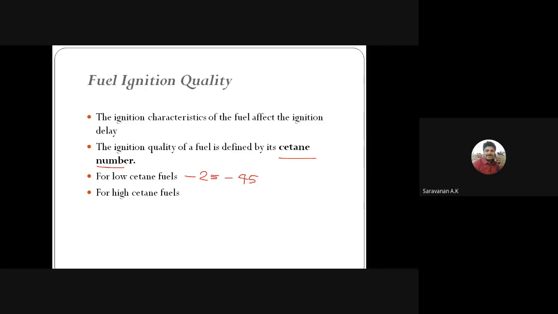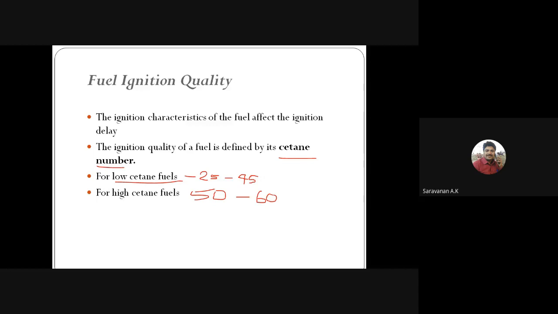Then high cetane numbers, 50 to 60, are for high speed diesel engines.